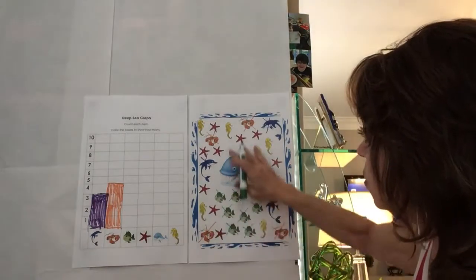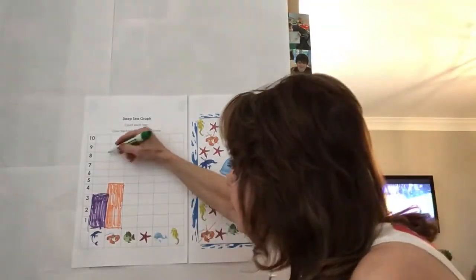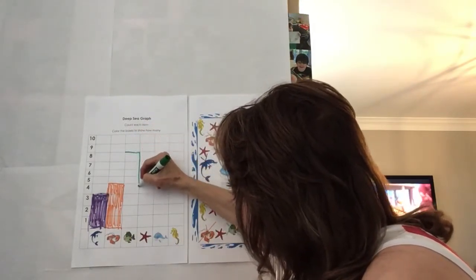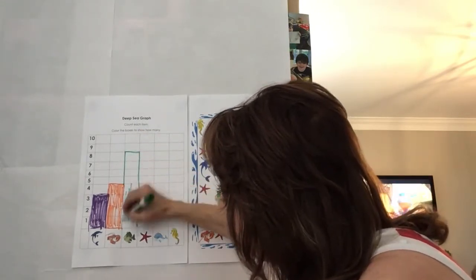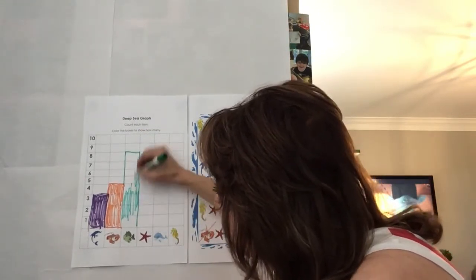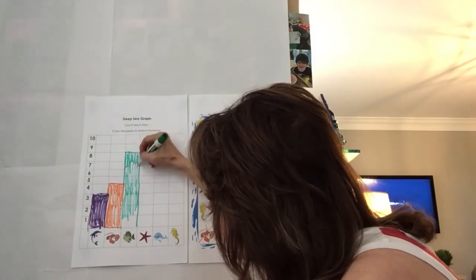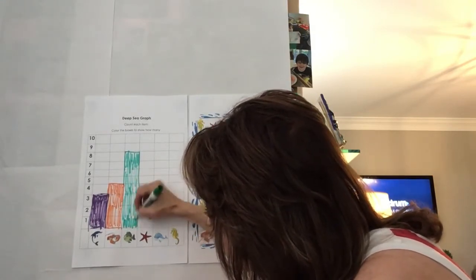Okay, do I have any more? No. So I'm going to go over to my little green fish. I'm going to go all the way up to the number 8. And I'm going to make my bar and color in all the way up to number 8. And noticing I'm just staying in my bar for where the green fish is.